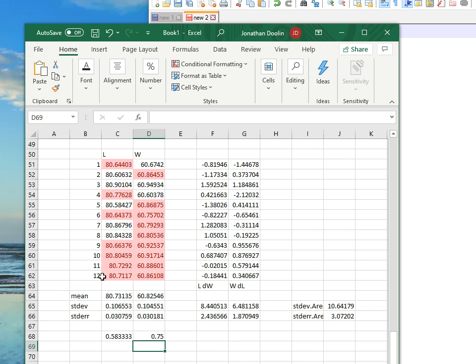So 58% of these are within 1 standard deviation of the mean, and 75% of these are within 1 standard deviation of the mean.